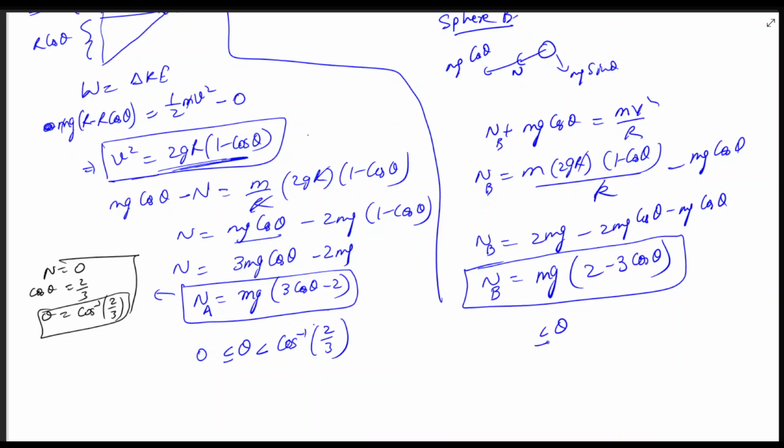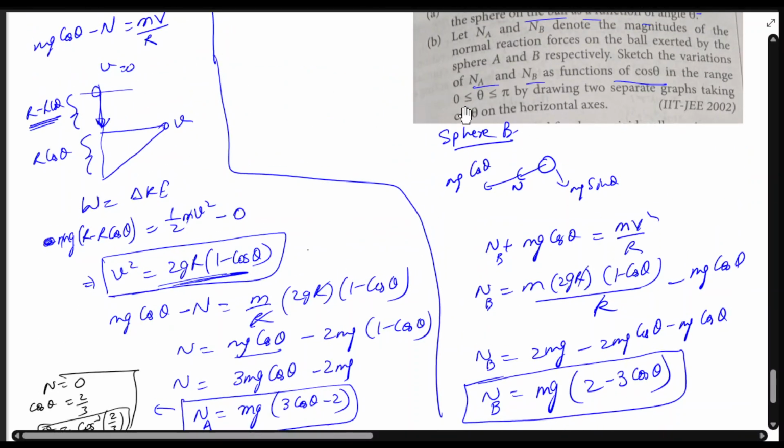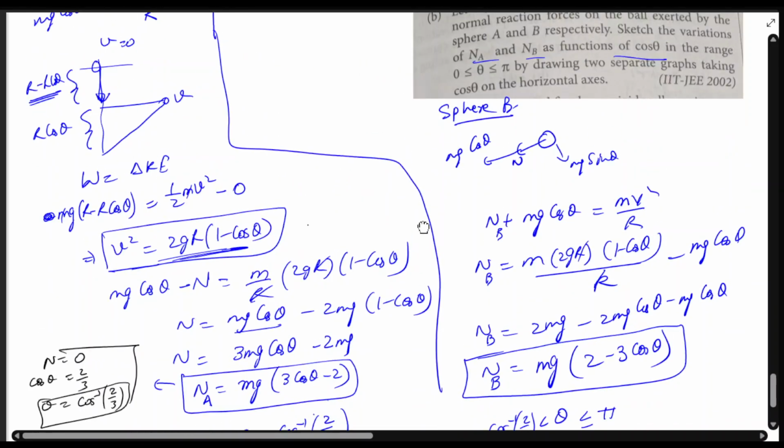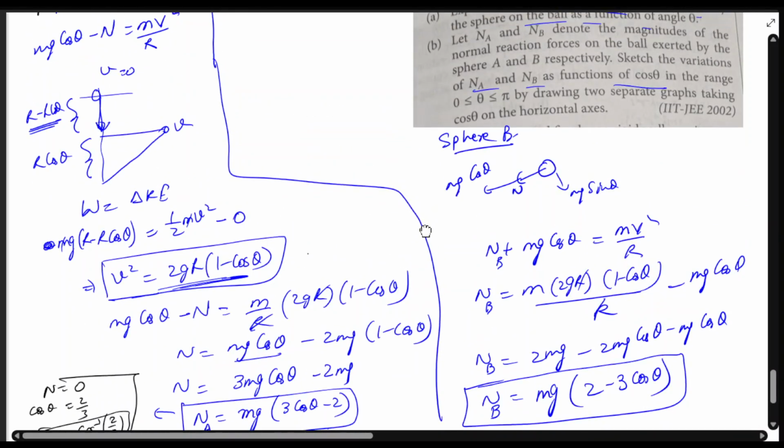And here theta should be greater than or equal to cos inverse 2 by 3. In the question, we have to take theta from 0 to pi. Now this is our relation.